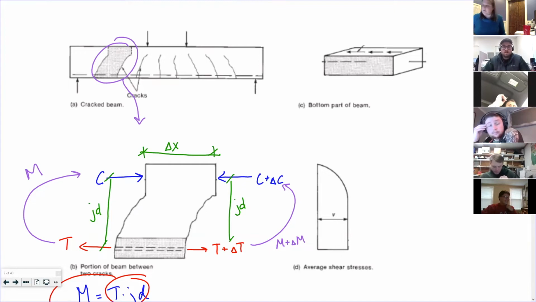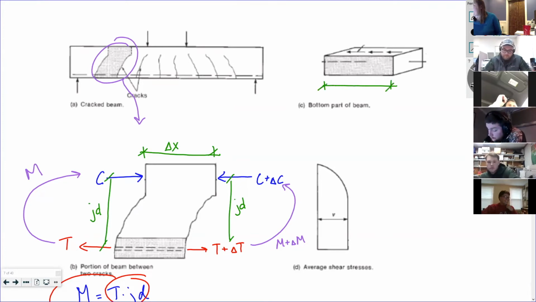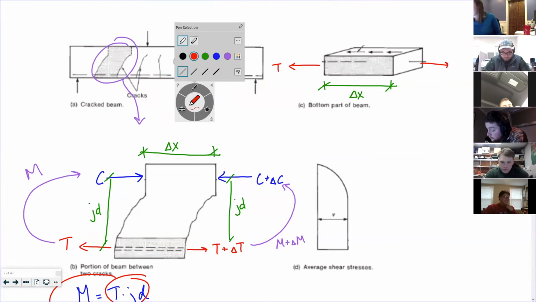I'm going to look at the shear stress over that element, and the width of delta x, tensile force T on the other side.